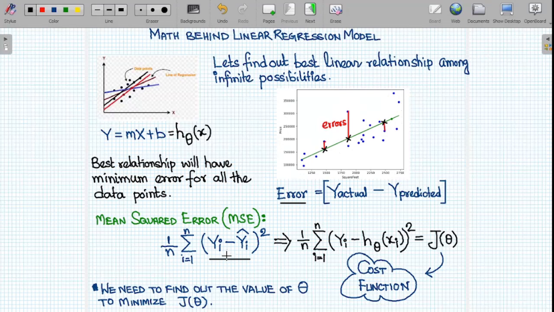In order to make it positive, we can square them, because we know the squared value will always be positive. And as we have n data points, and for each data point we will be calculating the error, that is the reason we are summing it up from i equals 1 to n, where n is the number of data points, or these blue dots.